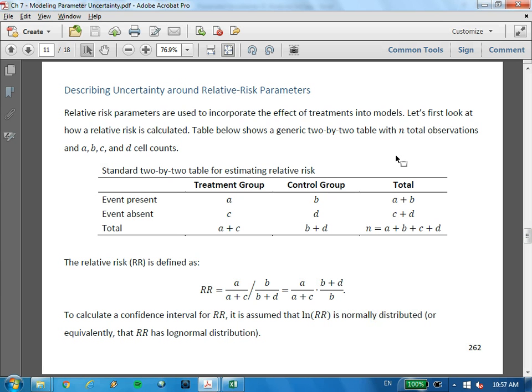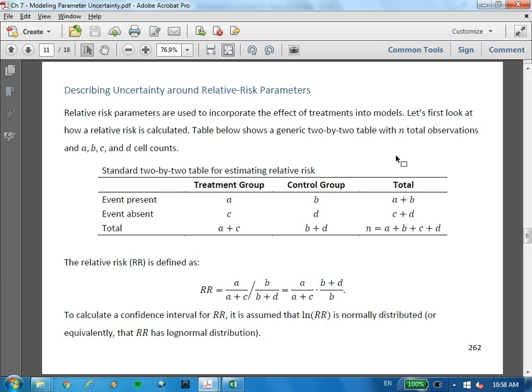So among the treatment group, for example, if you're talking about mortality, A experienced mortality, C, event. So we have D here. So the relative risk is defined by this equation. A divided by A plus B, and then divided by C divided by C plus D. So the numerator is the risk of having the event under the treatment group, and this part is the risk of experiencing the event under control.